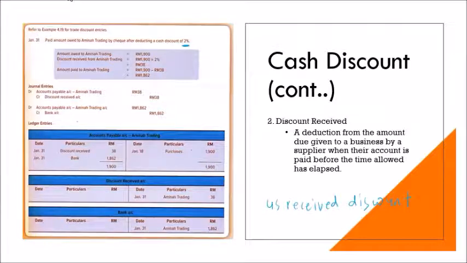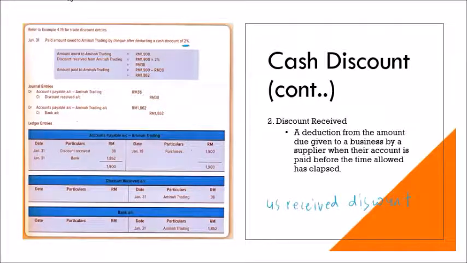So you record RM38. The next transaction is recording our payment. So you take the 1,900, deduct 38, and you will get 1,862. We are making payment with check. So our check is reduced.